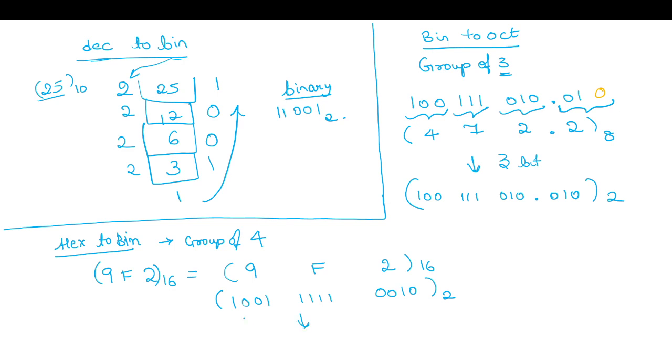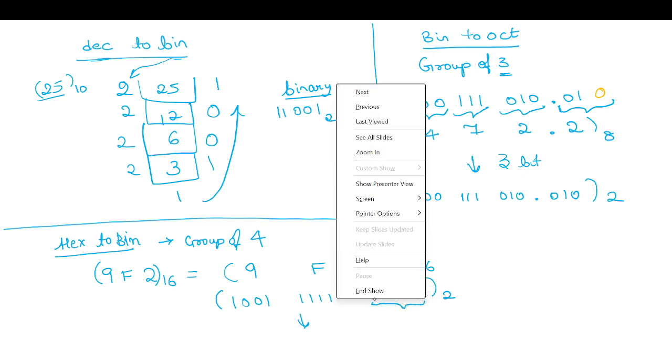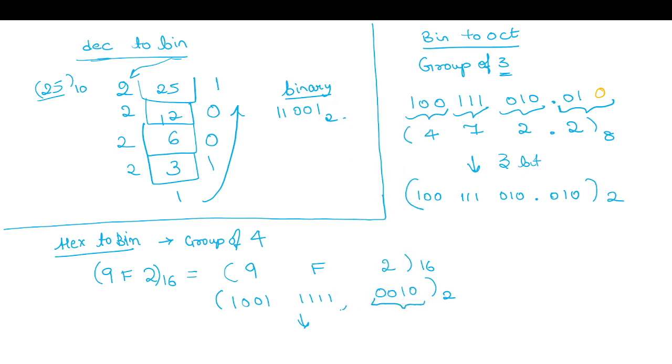Same way, when writing back, we have to group from the right hand side, group of 4, group of 4. So this is 9F2.